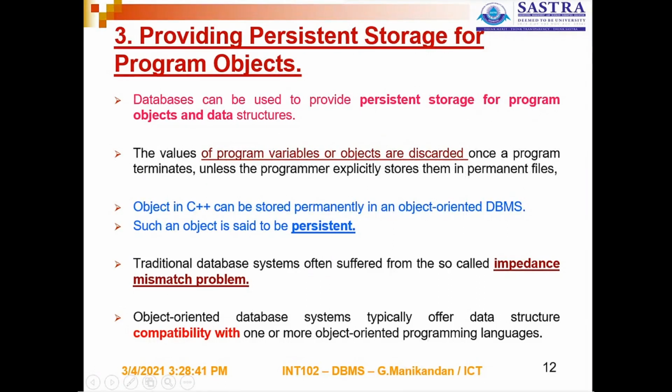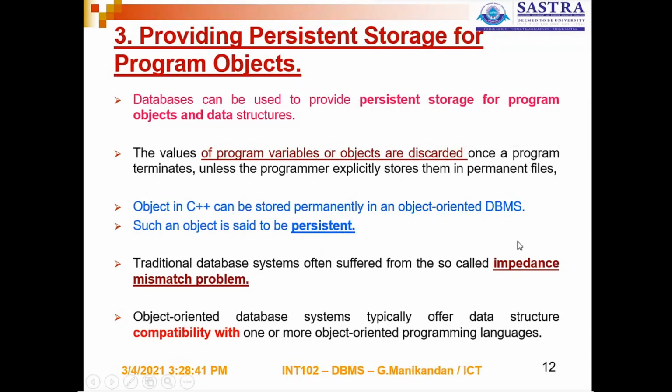Now, what they are trying to say is, with the advanced database management system, you can create an object in C++ and store it permanently in your secondary storage device using an object-oriented database management system.